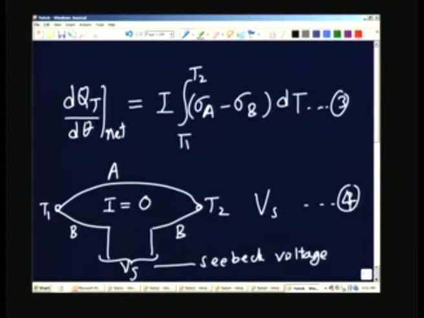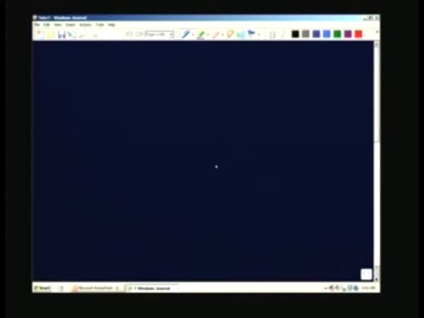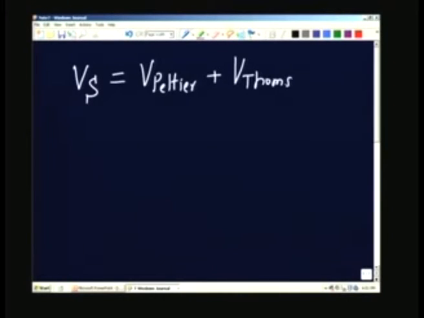Those two effects are now manifesting as the appearance of a voltage across the cut, and therefore, I can just write, using the conservation of energy principle, that when I make a cut, the voltage which appears is the Seebeck voltage. This must be the sum of the Peltier voltage and the Thomson EMF or the Thomson voltage.